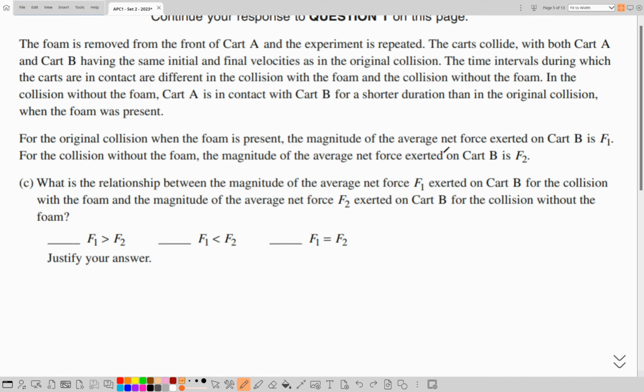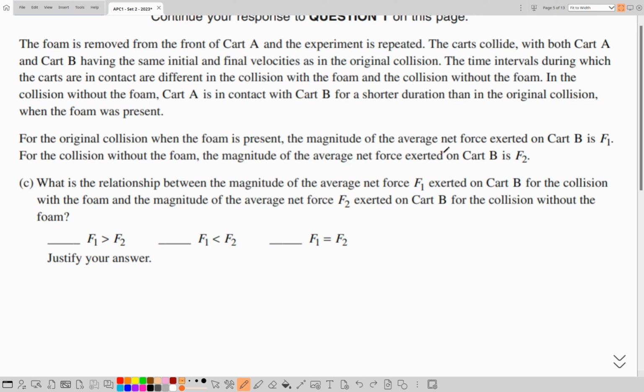In the collision without the foam, cart A is in contact with cart B for a shorter duration than in the original collision when the foam was present. So basically we're repeating the same experiment, but we remove the foam, with the same initial velocities and the same final velocities.